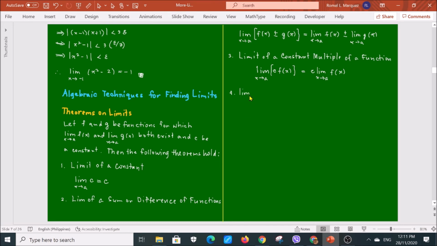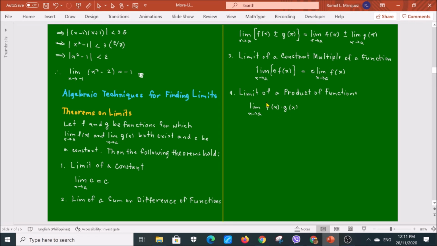If you have the limit of a product of functions, we have limit as x approaches a of f of x times g of x.